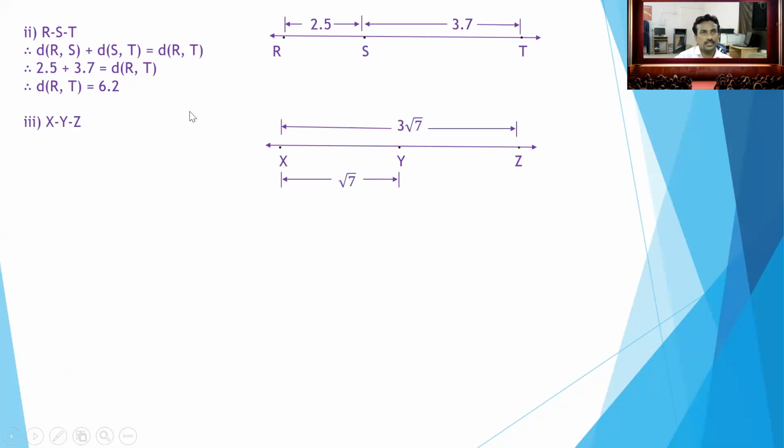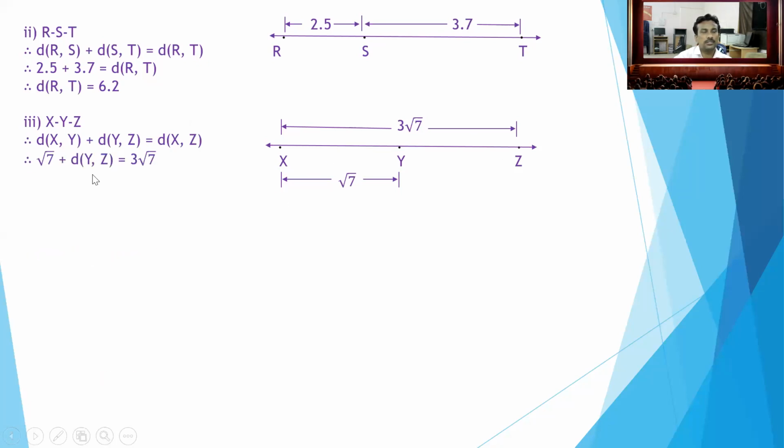Third example, XYZ is there. Means point Y lies in between point X and point Z. XZ is 3 root 7, it is given, and XY is root 7. Now distance XY plus distance YZ is equal to distance XZ. Put the values.